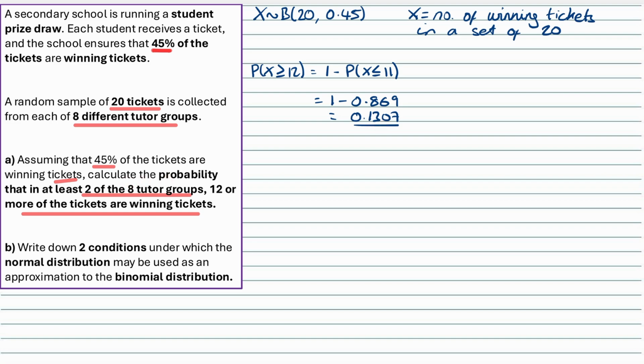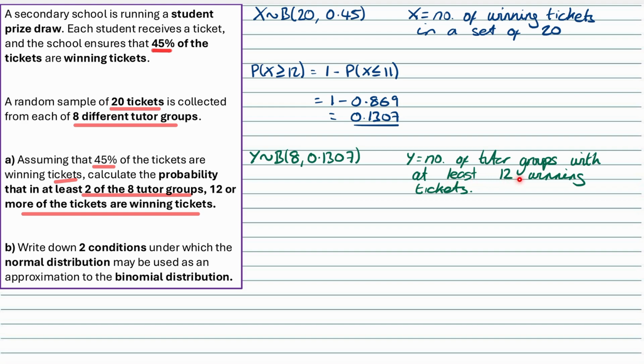We're asked to calculate the probability that in at least 2 of the 8 tutor groups. So this is our new sample size. So if we define a new random variable, if we say that Y is distributed binomially with the 8 tutor groups, so this is our sample size, and a probability of 0.1307, where Y is the number of tutor groups with at least 12 winning tickets.